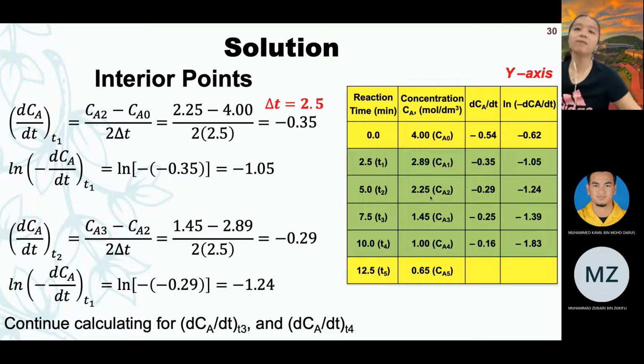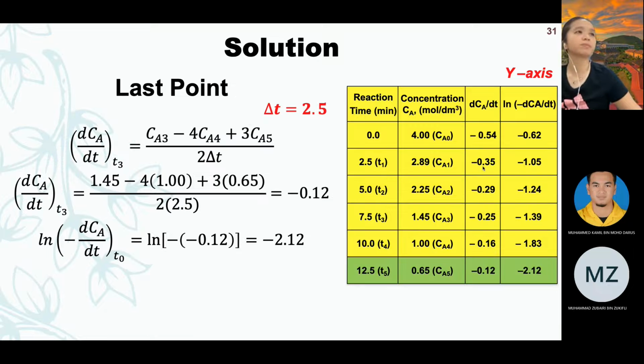So you can see here, again yang penting, what we get from formula is just dCA per dt. You have to negativekan the value and then you lnkan the negative value. Then only you obtain the y-axis data.